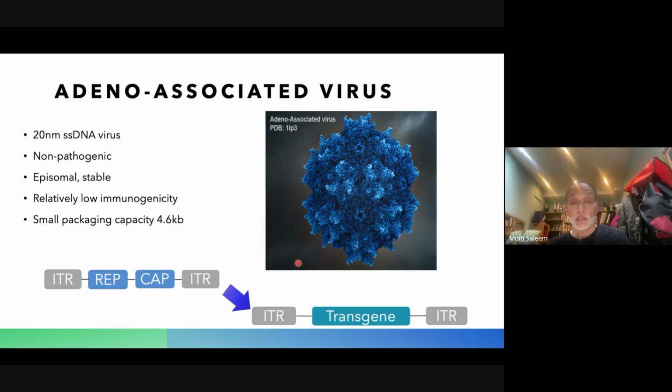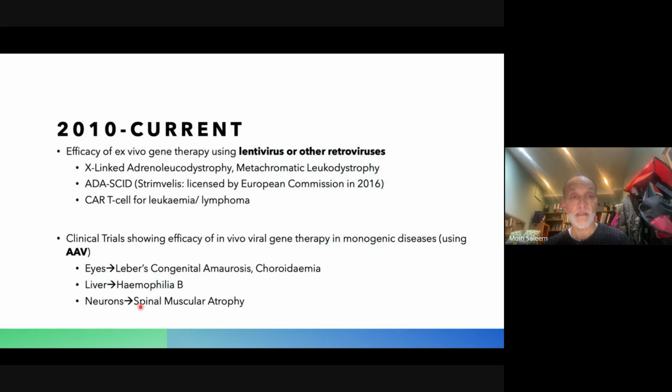The way that it's done is that you take the genetic sequence of the virus, remove the replication and the capsid elements of the gene, and replace them with your transgene, your gene of interest, so the virus can't replicate once it's in there because you've removed that. The capsid is introduced separately, so that's the capsule of the virus.